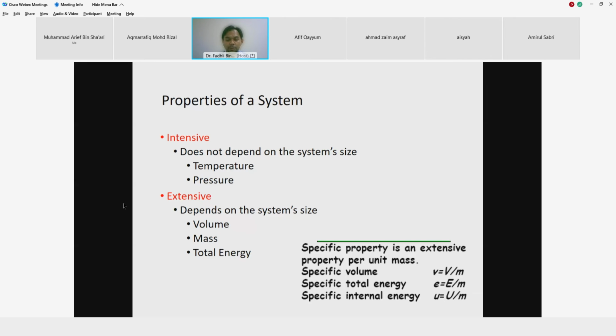So a specific property is an extensive property per unit mass. So we have new properties. For example, specific volume. Specific volume is volume over mass.